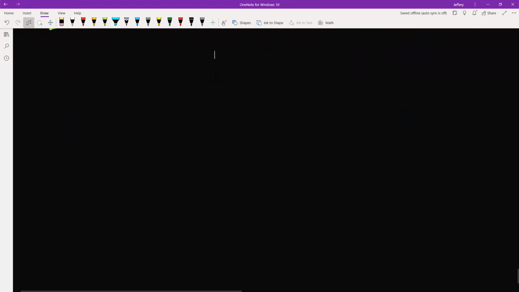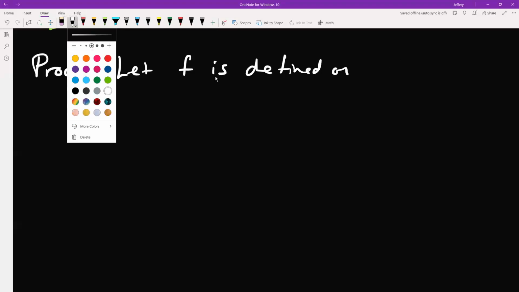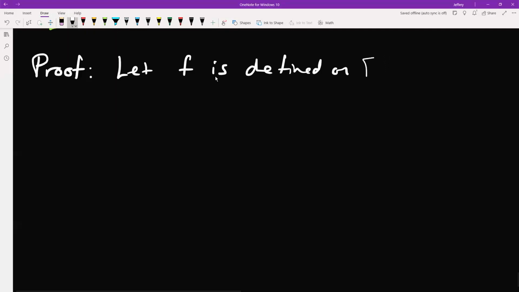Okay, so here's the proof. So remember that what makes the local minimum is that we have this little interval. So first we know that f is defined on a to b. F is defined on a to b.